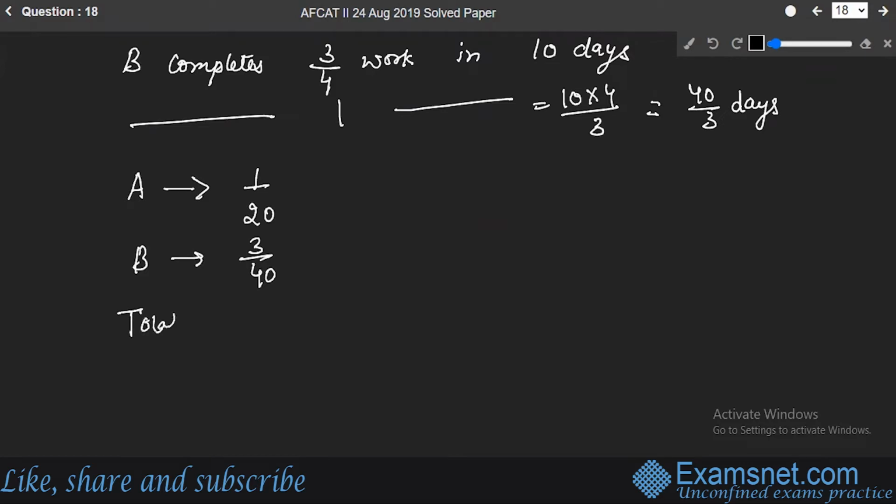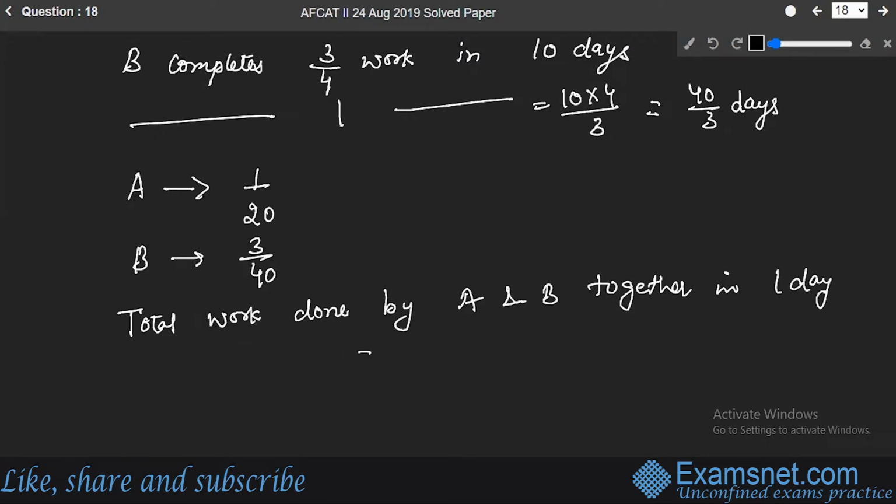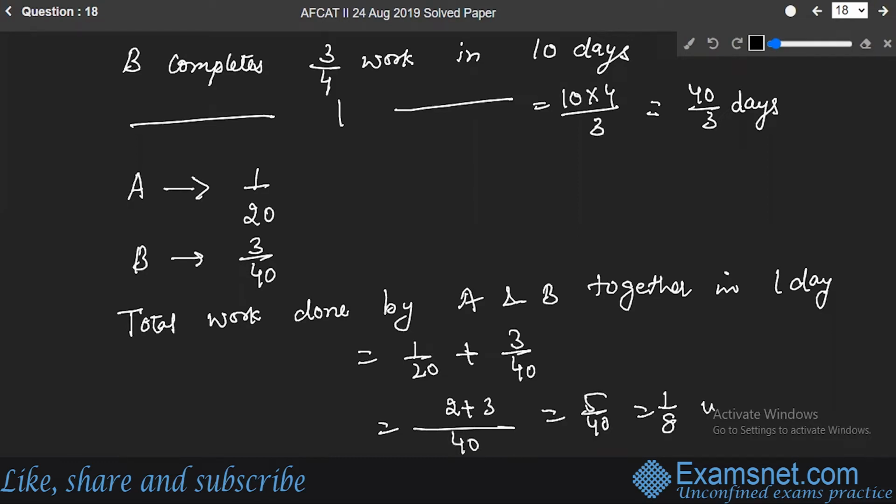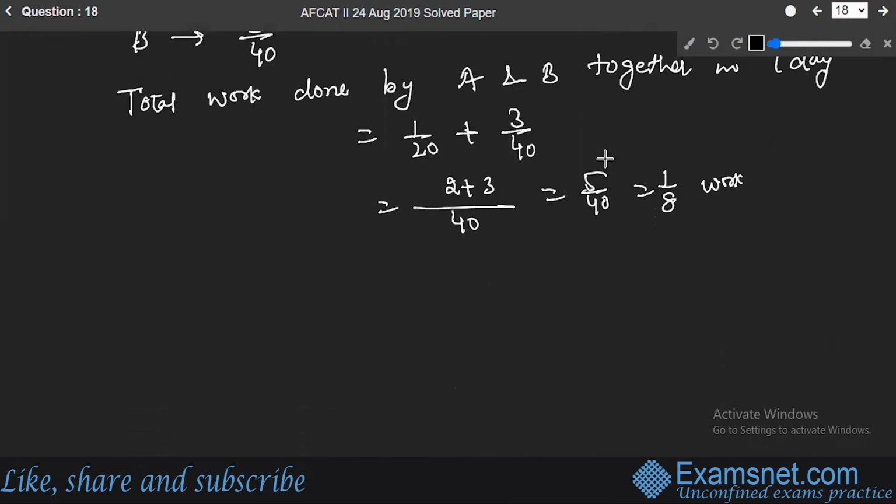So total work done by A and B together in 1 day is equal to 1 upon 20 plus 3 upon 40. So this will be 40, and 2 plus 3, this will be 1 by 8 work, right? So in 1 day, they complete 1 by 8 of the work.